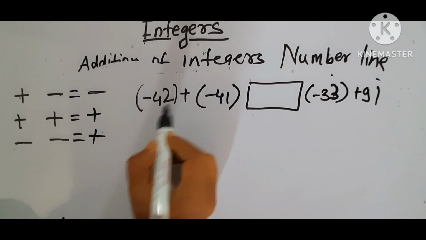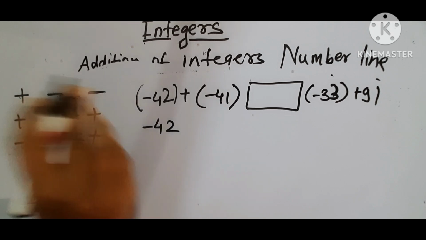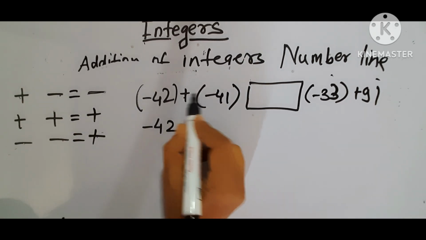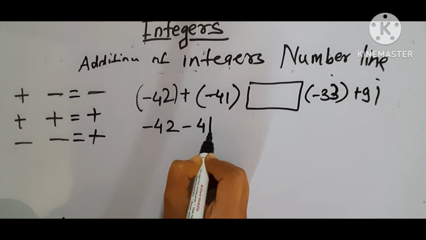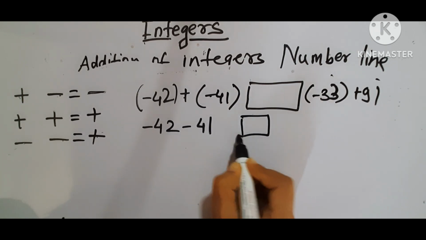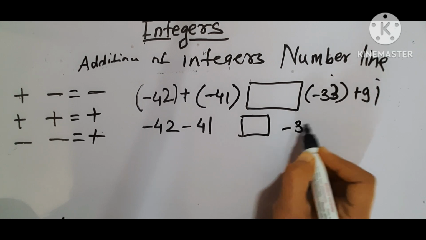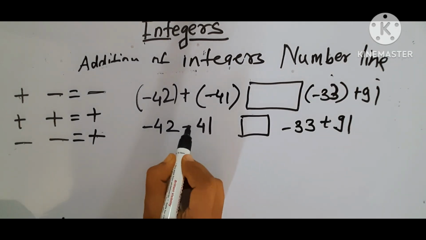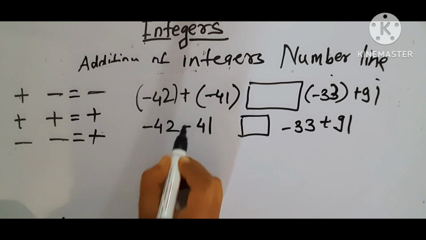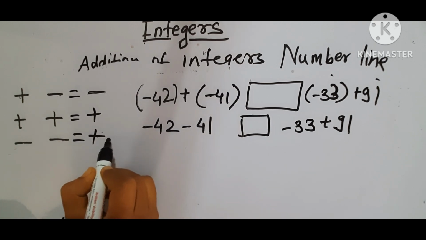Now what we'll do, minus 42 remains as it is because there is nothing before that number, plus minus will be minus 41. This box remains as it is, minus 33 plus 91. Now minus minus, what will we do? Addition. Same signs, we'll do addition.